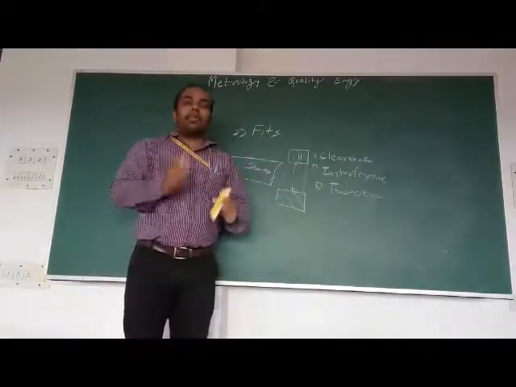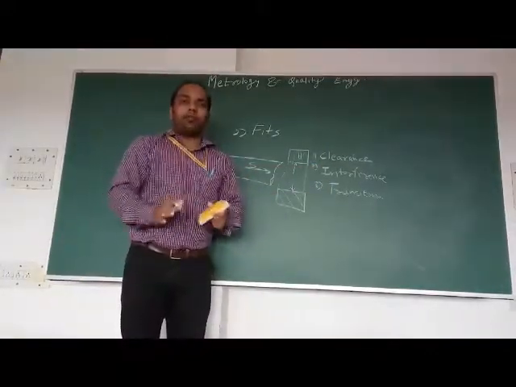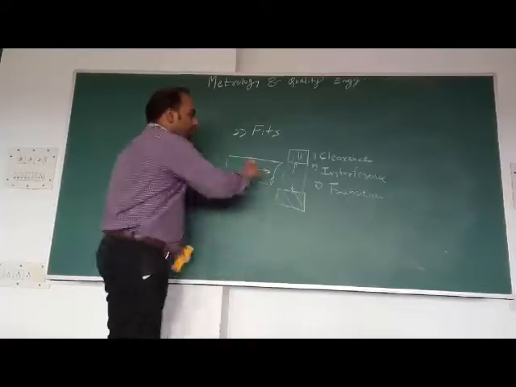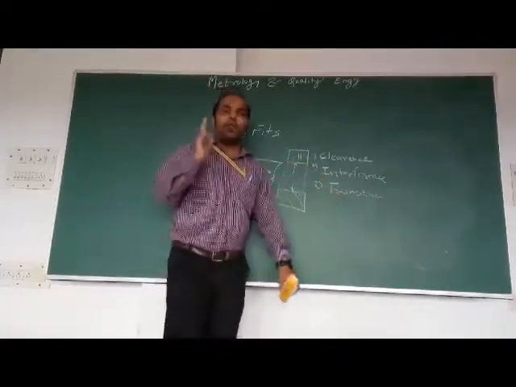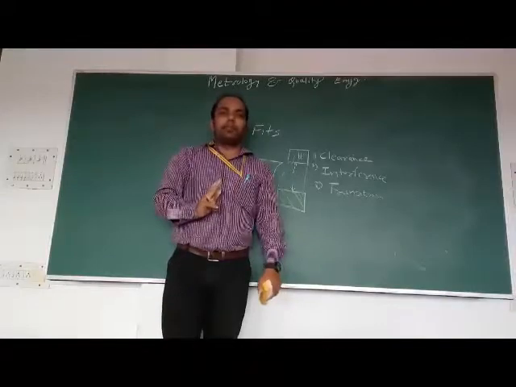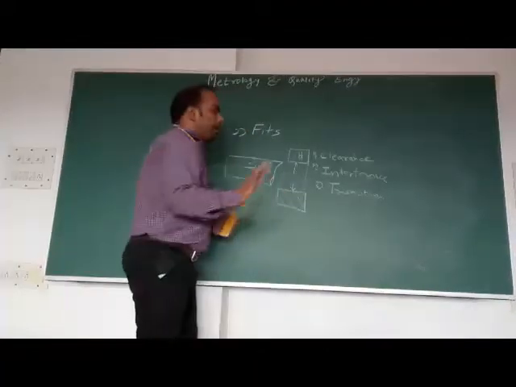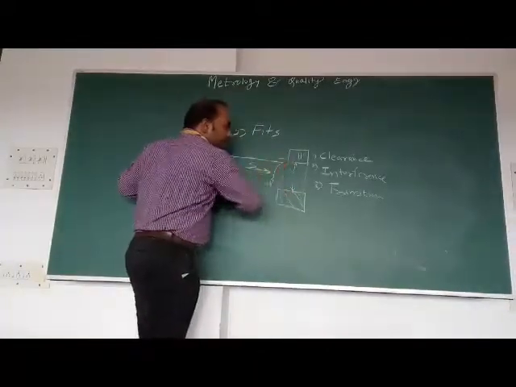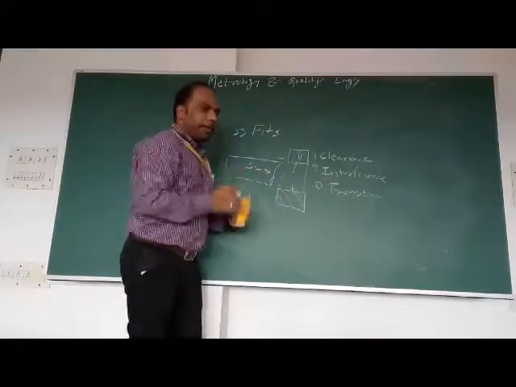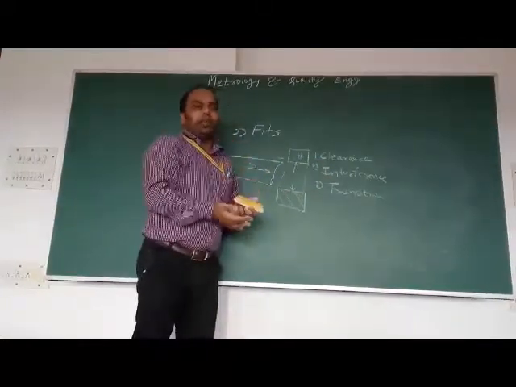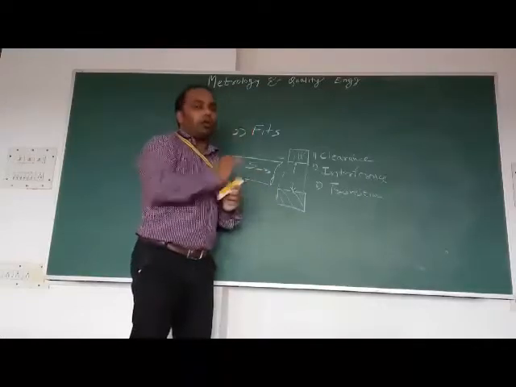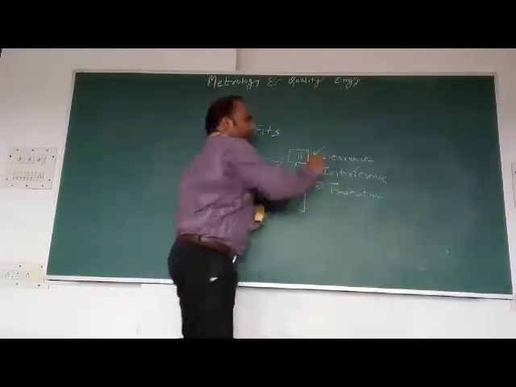Clearance fit, as the name indicates, shows some sort of clearance. That means there will be no friction, no wear and tear between the shaft and hole basis system. So clearance fit will indicate easy removal and fitting of the shaft into the hole, or easy removal and easy fit of the hole onto the shaft. So that is clearance fit.